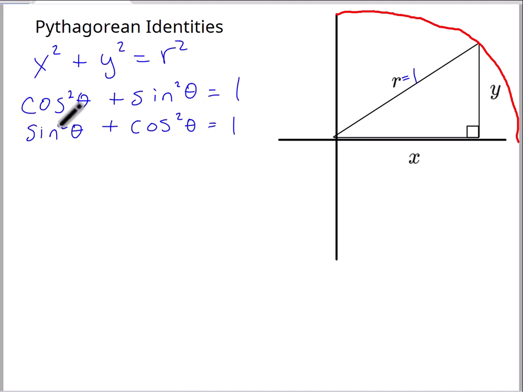All right, so then going to the other two versions of this, let me switch colors real quick. So these are one option.